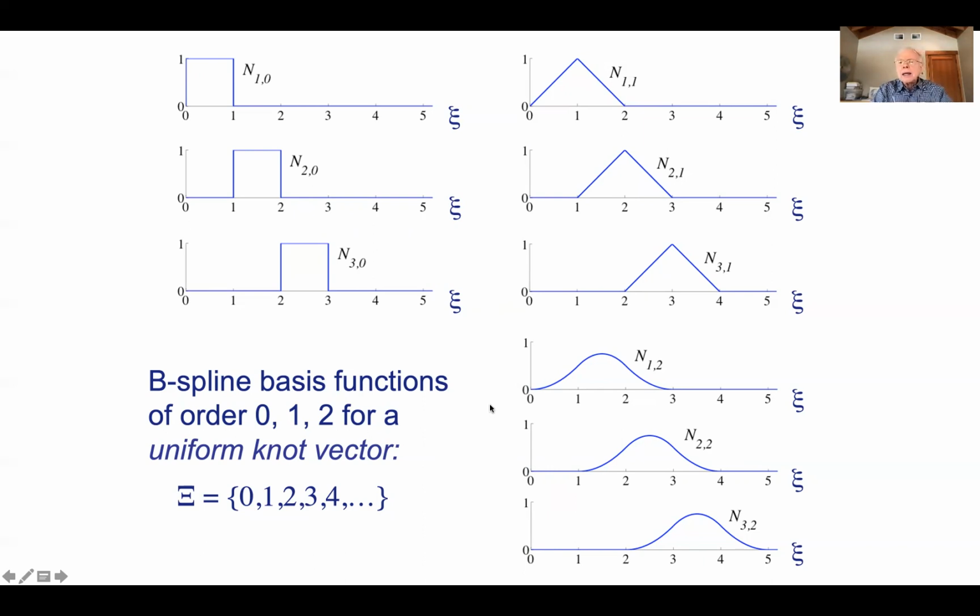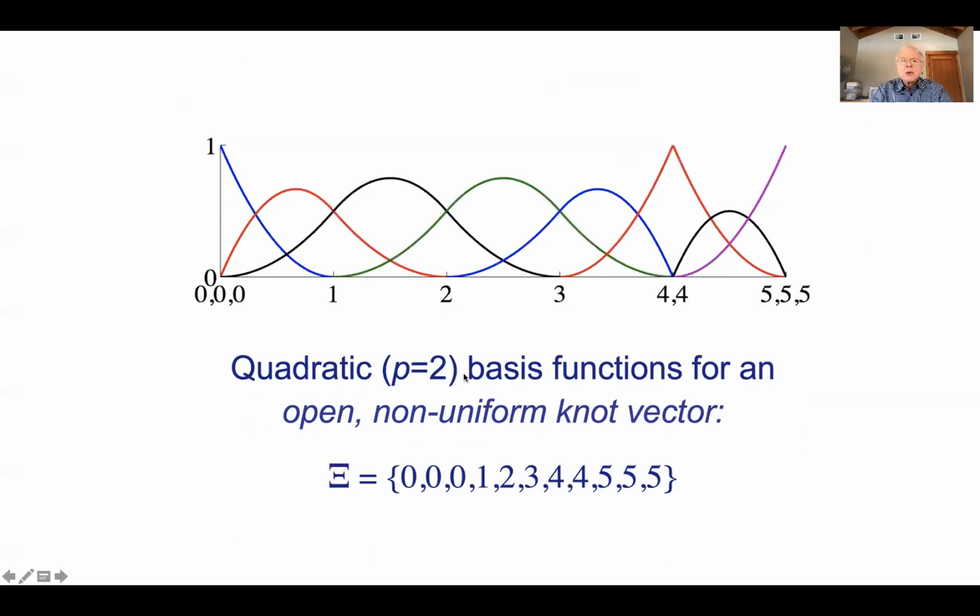And as you can see, in going from constants to linears to quadratics, each order increases the number of knot spans. And in addition, you've increased the smoothness from C^-1 to C^0 to C^1. Cubics would give you C^2 continuity, quartics C^3 continuity, and so on and so forth. Always positive, pointwise positive. So this is just an example to give you an idea what you can do.